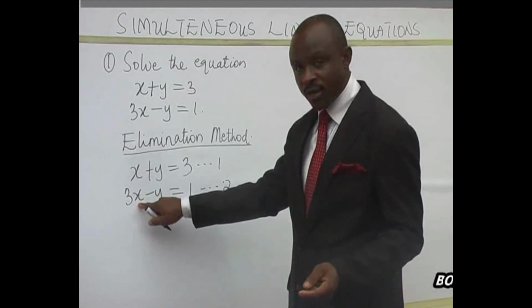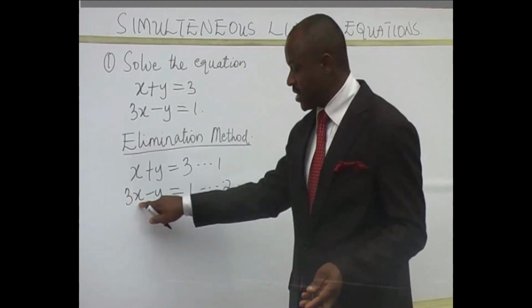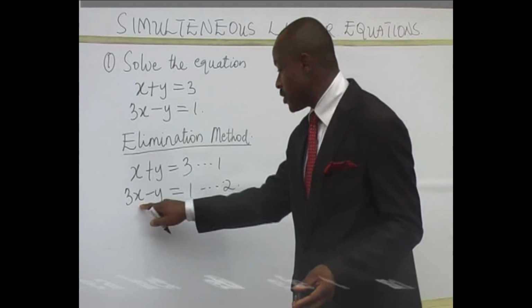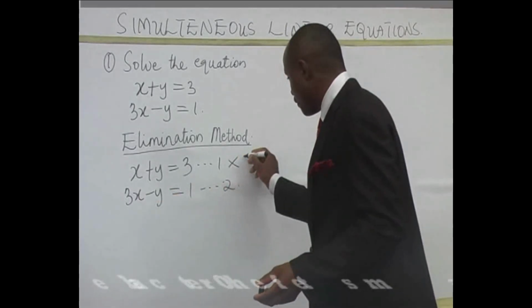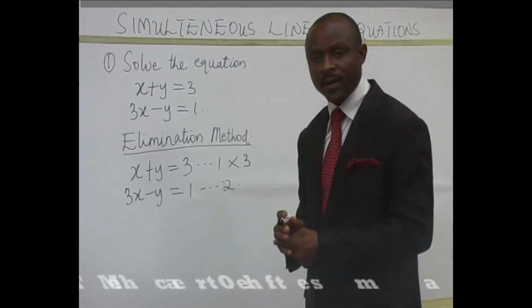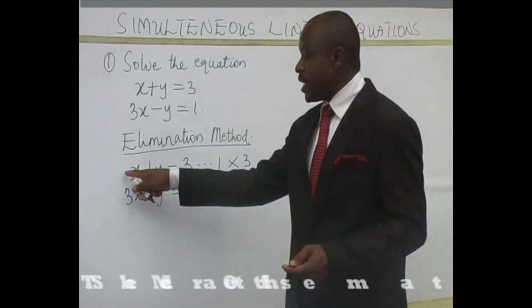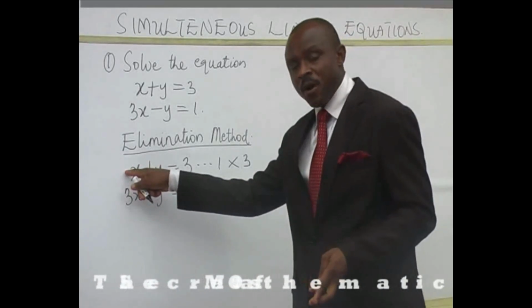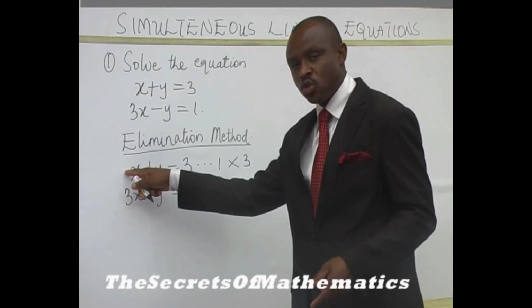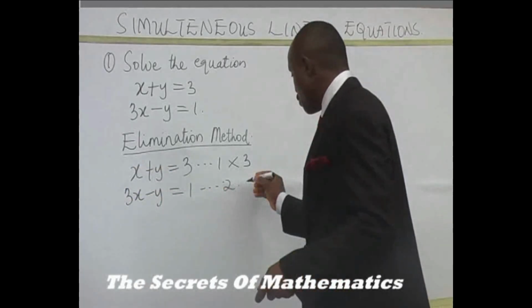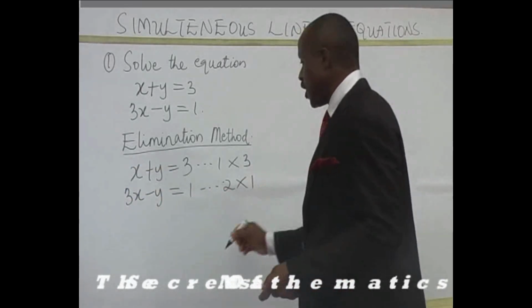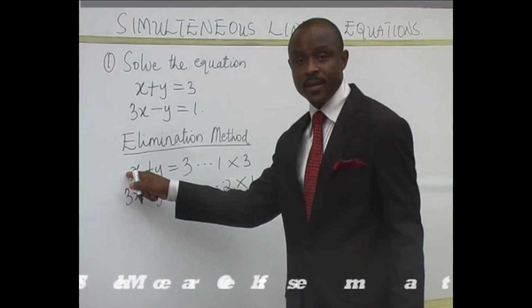The coefficient of x in the second equation is 3. Use 3 to multiply the whole of equation 1, and use the coefficient of x in the first equation to multiply the whole of equation 2. You know that the coefficient of x here is 1.